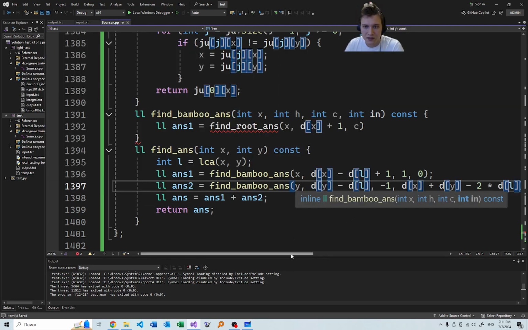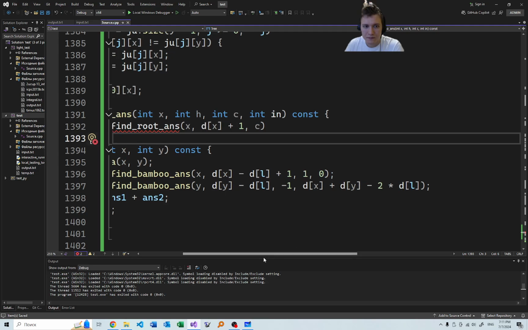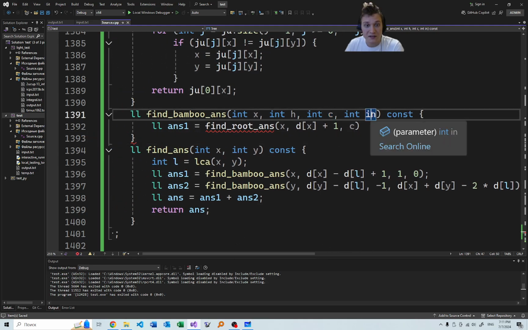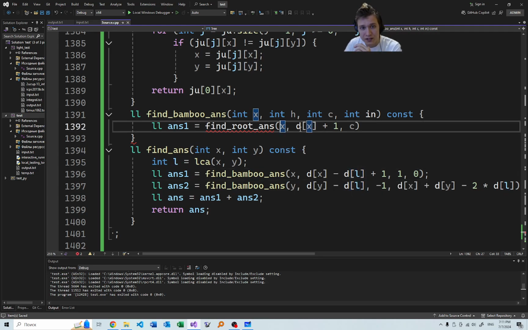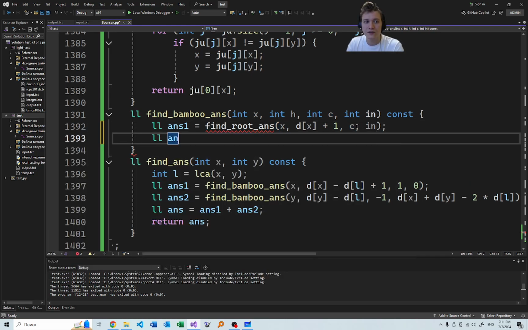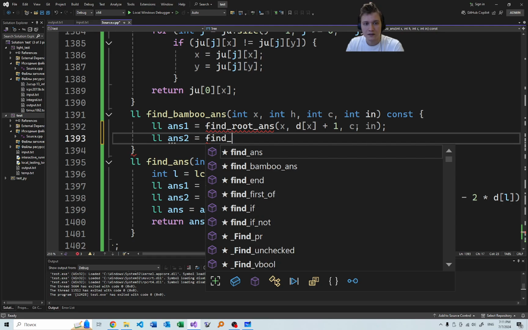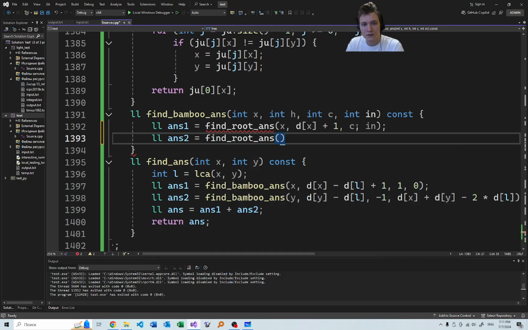This is the initial number. So this is increment, this is the initial number. Okay, I find root ans from x, this, c, and in. And also I find ans from up of.